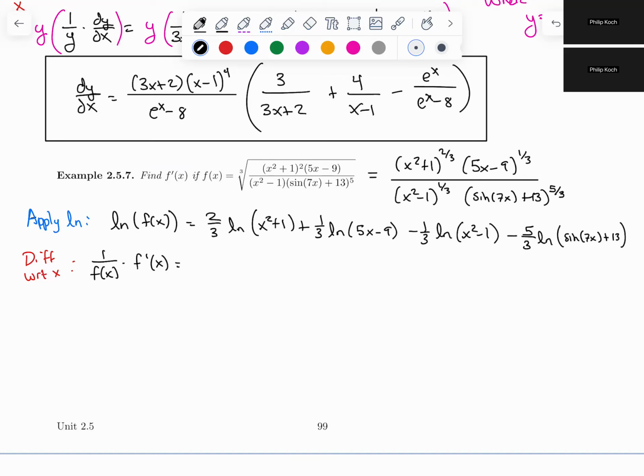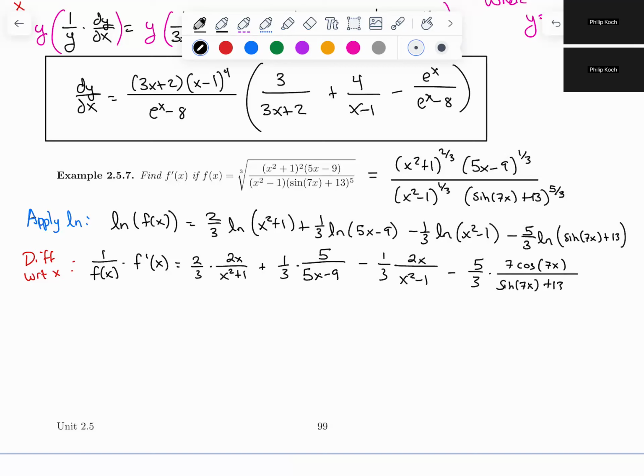So that's going to be 2/3 times 2x over x squared plus 1, plus 1/3 times 5 over 5x minus 9, minus 1/3 times 2x over x squared minus 1, minus 5/3 times 7 cosine of 7x over sine of 7x plus 13.